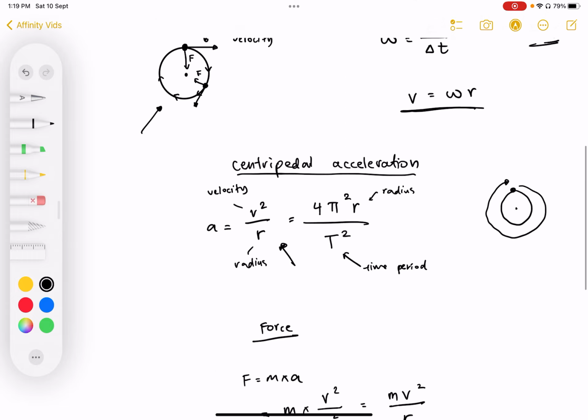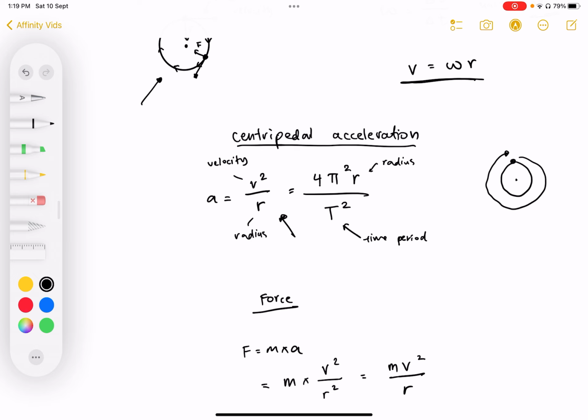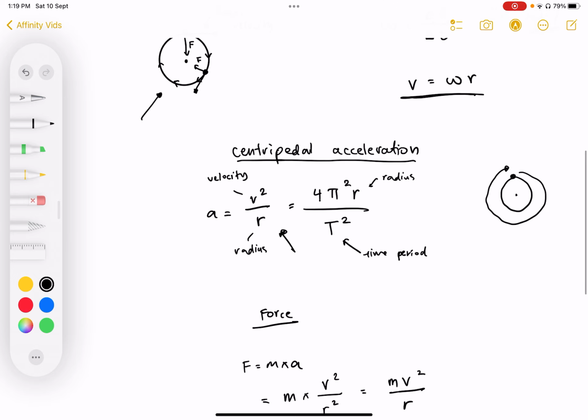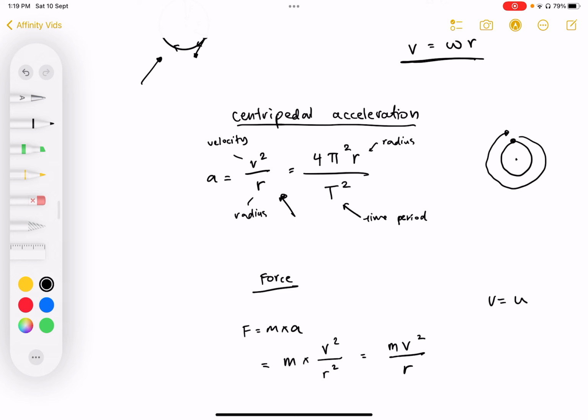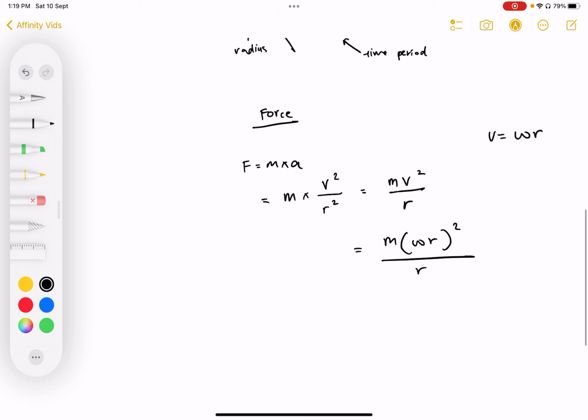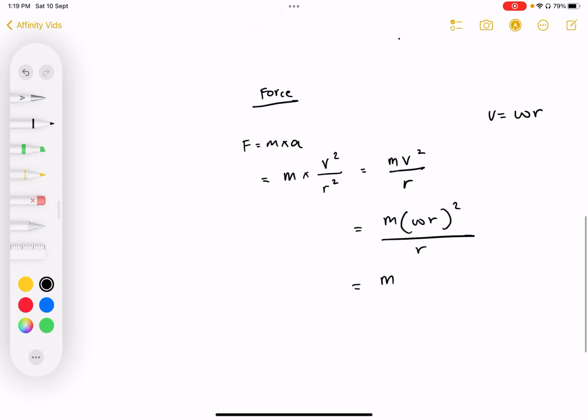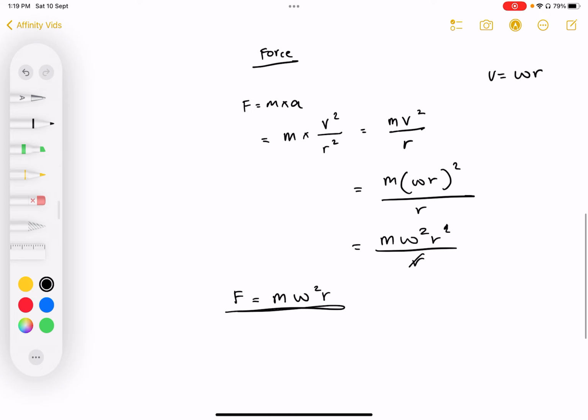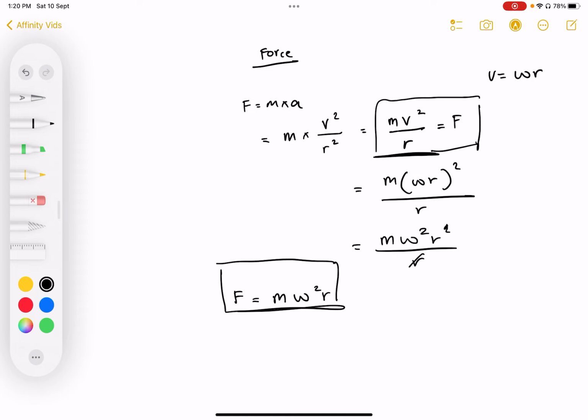Because we know that v is equal to omega r, we can substitute that into this equation. Our r's will cancel out, and what we also get is force is equal to mass omega squared radius. So now we have two equations to work with over here. This is our other equation, and both of these we can use to define our centripetal force.